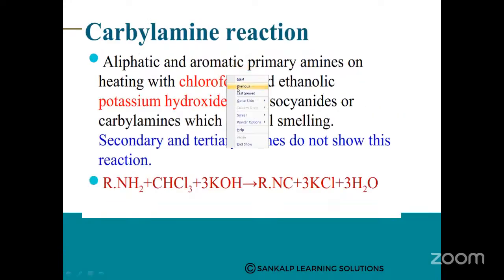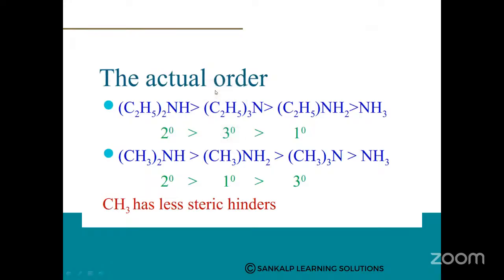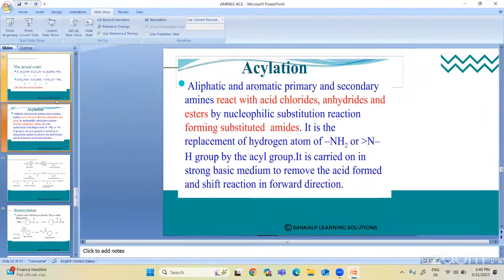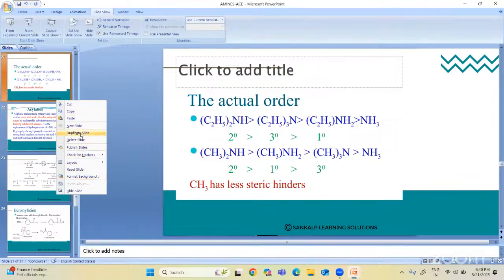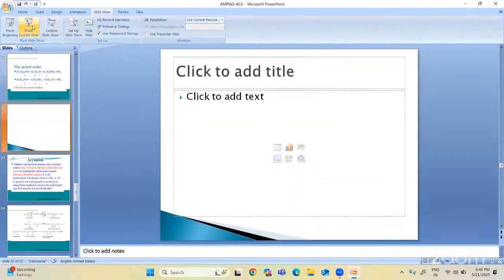Next, we are going to see the reactions: alkylation and acylation. Amines, RNH2, react with excess alkyl halide in a sealed tube.